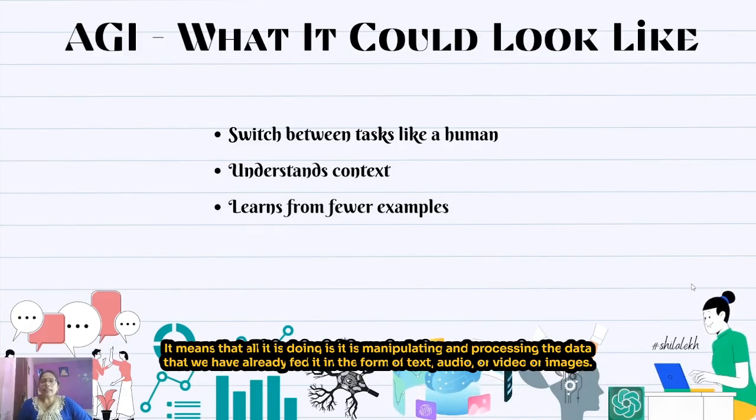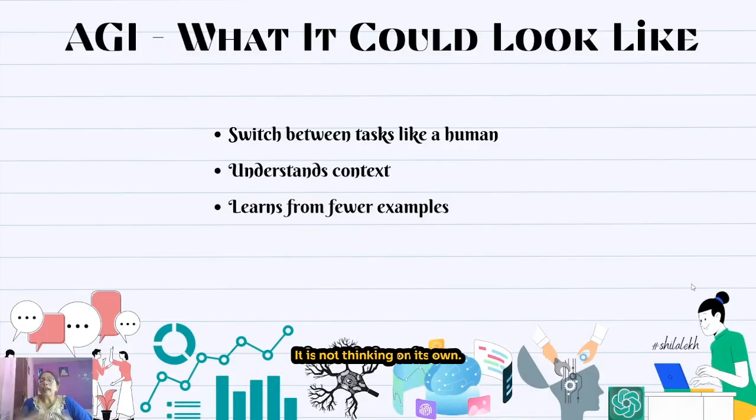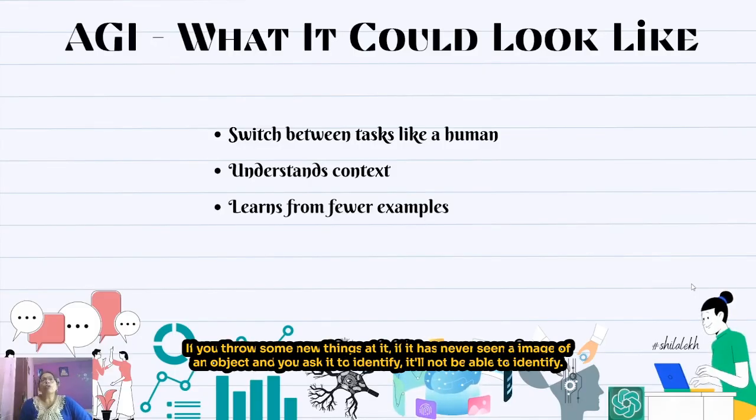It means that all it is doing is manipulating and processing the data that we have already fed it in the form of text, audio, video, or images. It is not thinking on its own. If it has never seen an image of an object and you ask it to identify it, it will not be able to identify it.